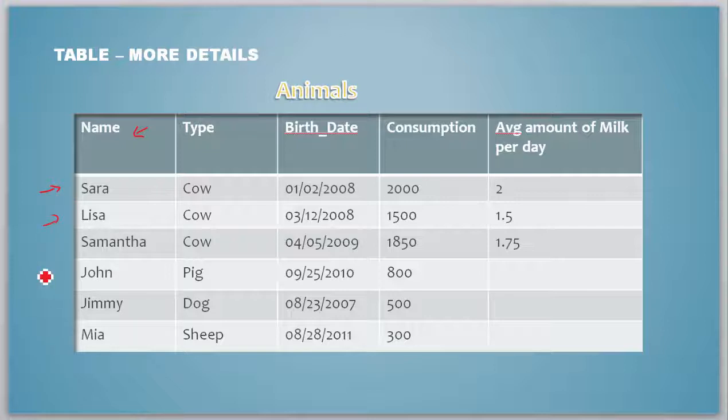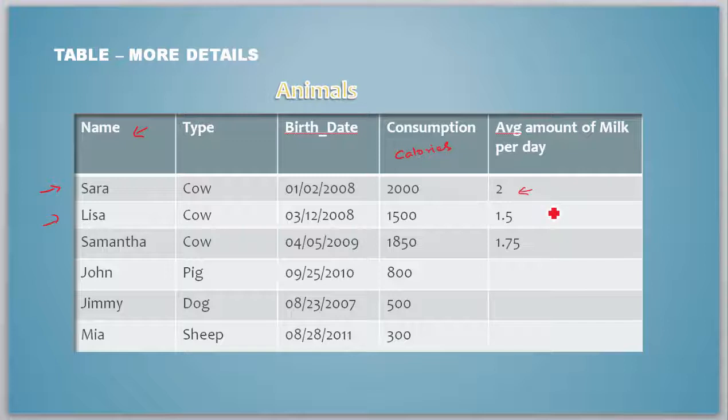Since we are going to carefully examine all the aspects of a table, I've listed out the names of the animals that were given to me by Mr. McDonald, the type of the animal, their birth date, how many calories they need every day, and the amount of milk in gallons or liters they produce per day.